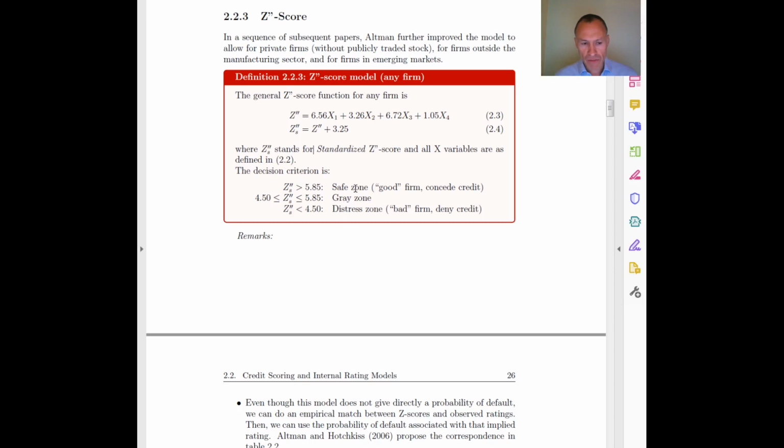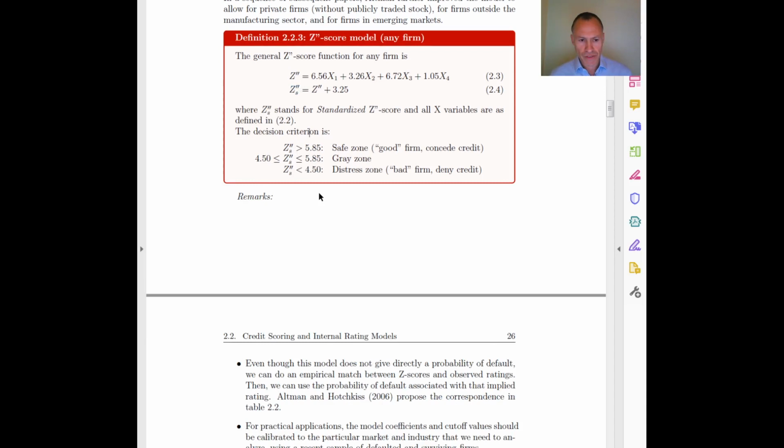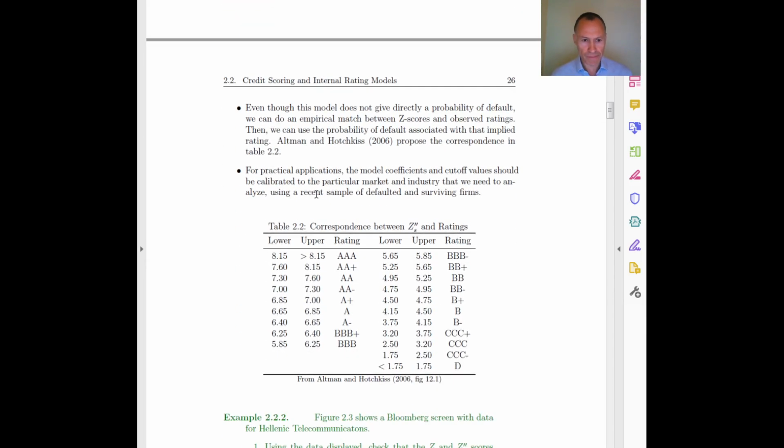But for a table we'll see in a second, you need to add to it 3.25, and just to distinguish one from the other, we call this second version the standardized score. And then you have the cutoffs here to make a decision. Right?